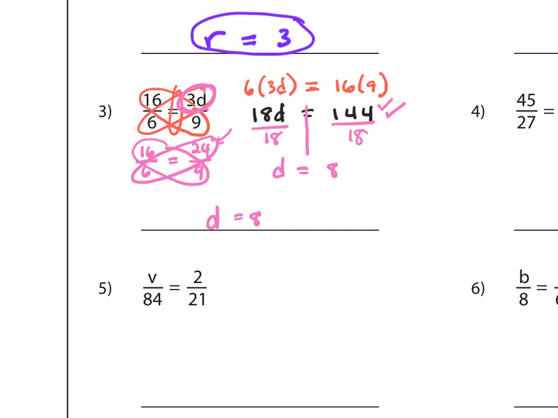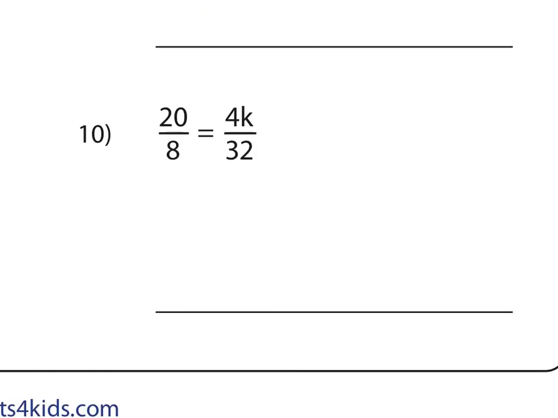So now I'm going to have you try number 10. That one's very similar. So would you go down to number 10? All right, if we start this whole cross multiplying process again, if I take 8 and 4K, butterfly wing, that means 8 times 4K.